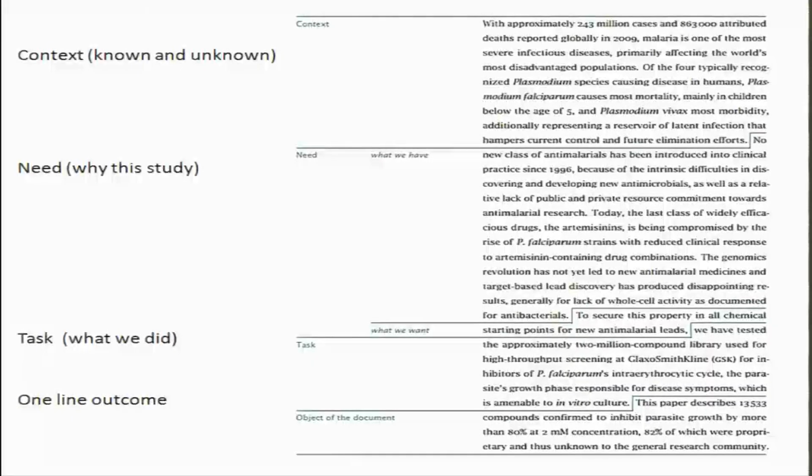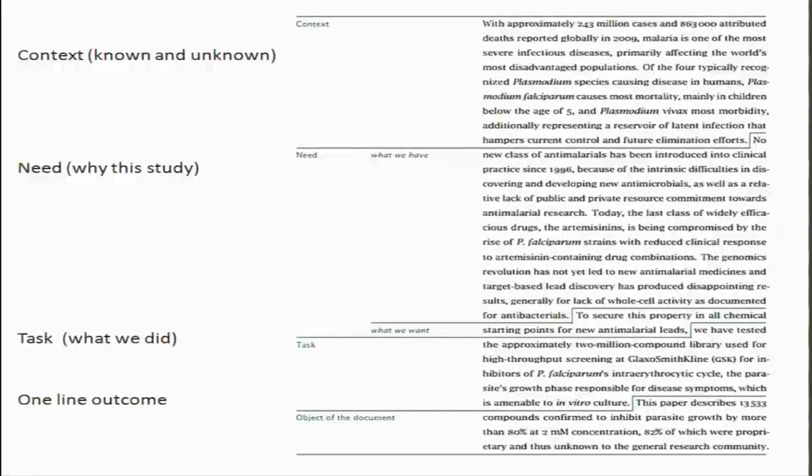So, with approximately 243 million cases and the attributed deaths reported globally in 2009, malaria is one of the most severe infectious diseases, primarily affecting the world's most disadvantaged population. So, they are saying why malaria is an important infectious disease that one needs to study.